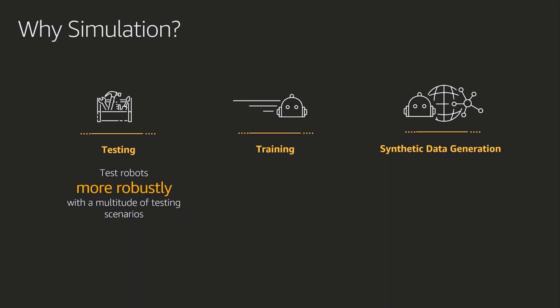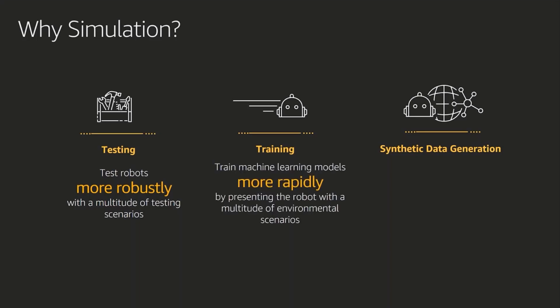That way, you will have much more robust testing of your robotic functions using simulation. For machine learning model training, it's faster. Not only can you run faster than real time inside the simulation, but you can also use multiple simulations running concurrently to train the same machine learning model. That way you have a much faster iteration time as you train the model.